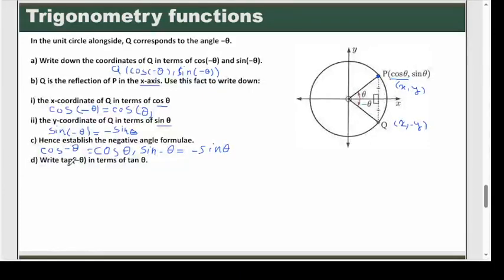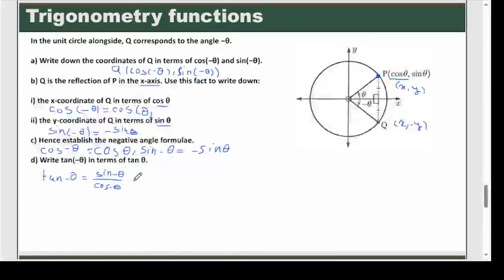Part D: write tangent of negative theta in terms of tangent theta. Tangent of negative theta equals sine of negative theta over cosine of negative theta.